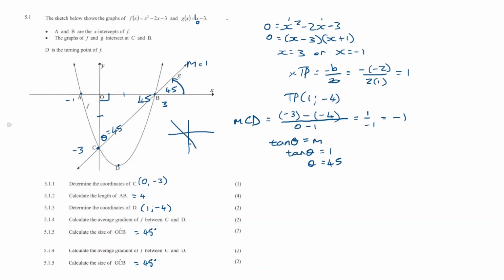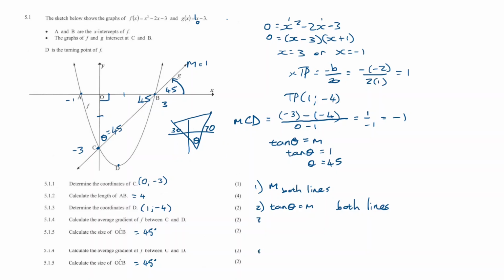You'll have these trickier questions when you've got to work out an angle in the middle of nowhere. The trick for that is you work out the gradient of both lines that touch theta. Then you go tan theta equals m and shift tan m for both lines. That would give you, for example, the angle would be 70 and the acute angle might be 30.